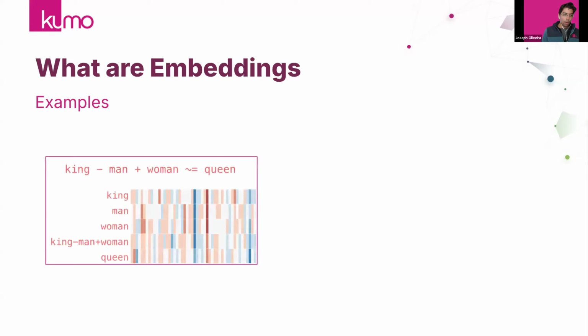A really common example, and one that's been around for a while since the introduction of Word2Vec, is this kind of word algebra. Here, we've embedded these particular words using the Word2Vec algorithm so that they have a numeric representation.